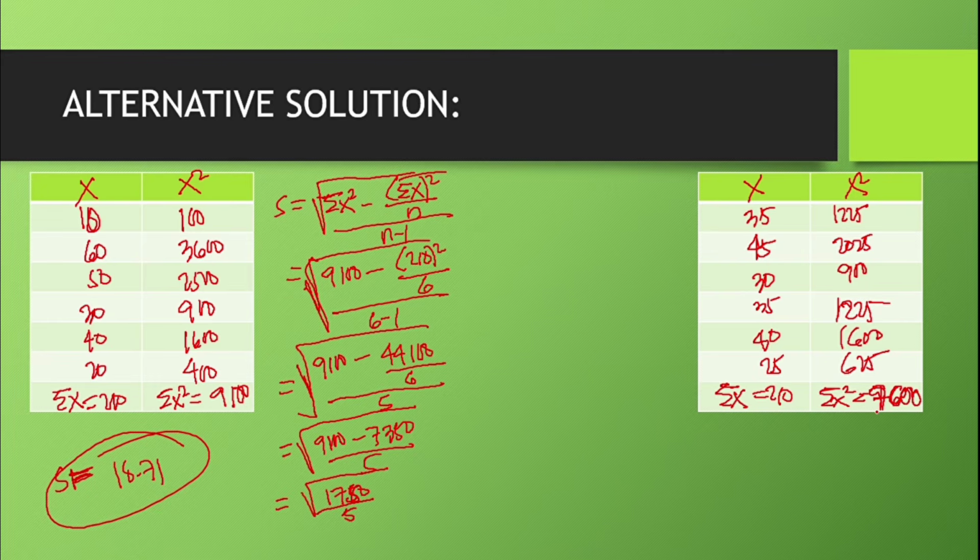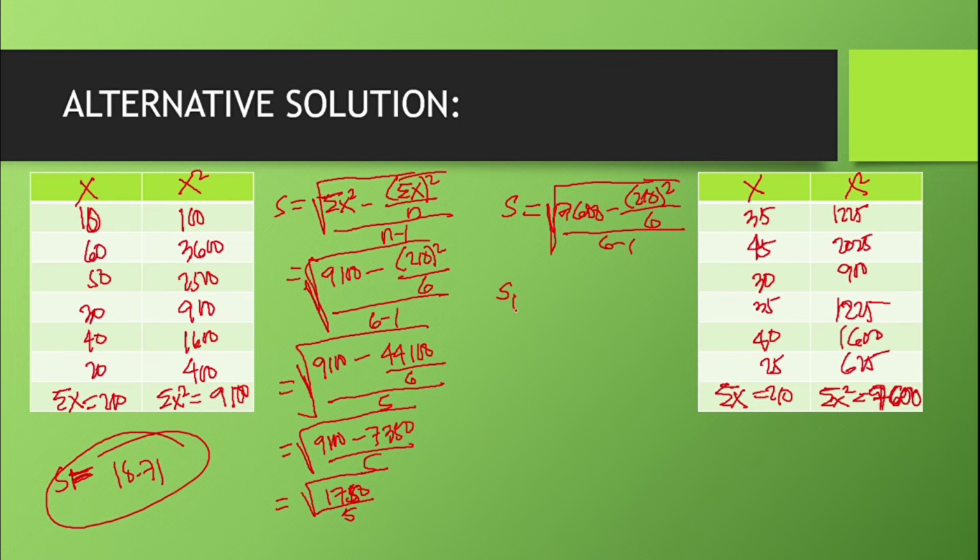Okay, if we're going to take the sum of this part, applying the formula, S is equal to the square root of the summation of x squared, which is 7,600, minus the summation of x, 210, squared over n, which is 6, all over 6 minus 1.